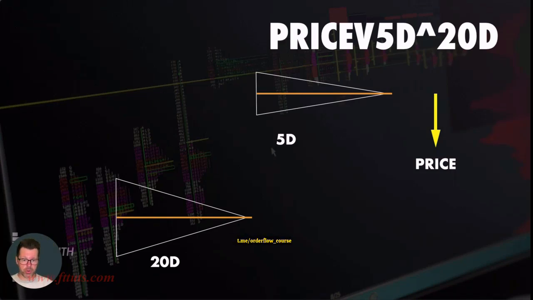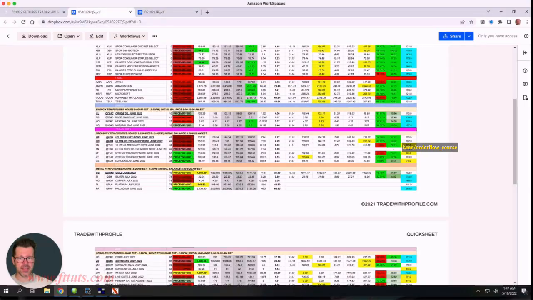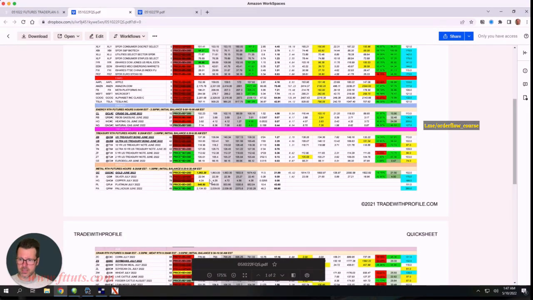Now, what's super cool is that between these three variables, we find that there's about 9 orientations that show up over and over again, and they allow us to do similar things so that when we look at whatever posture we're in, we're like, oh, so here's the likely next behavior to play out, and that can give us a shortcut to finding out what we want to do with specific products. And then when we go look at the quick sheet, we can quickly assess, oh, so gold, everybody's balanced at 1863.